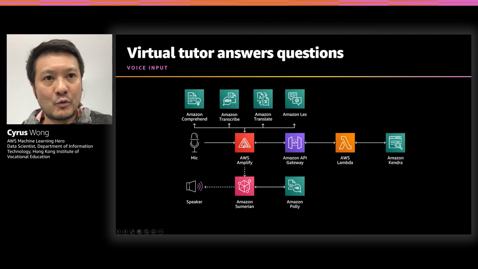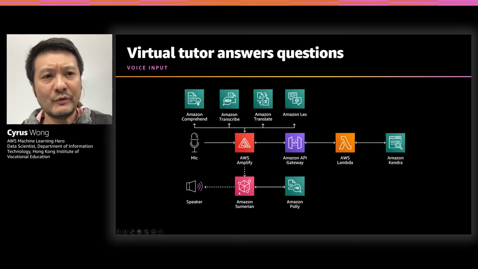The question is also analyzed for sentiment. Maybe the student feels upset or happy, so we analyze the question sentiment, and then together with the sentiment and the answer, we send it to the Sumerian host. The Sumerian host, based on different sentiments, for example if the student feels angry, will use a different action or speech style.